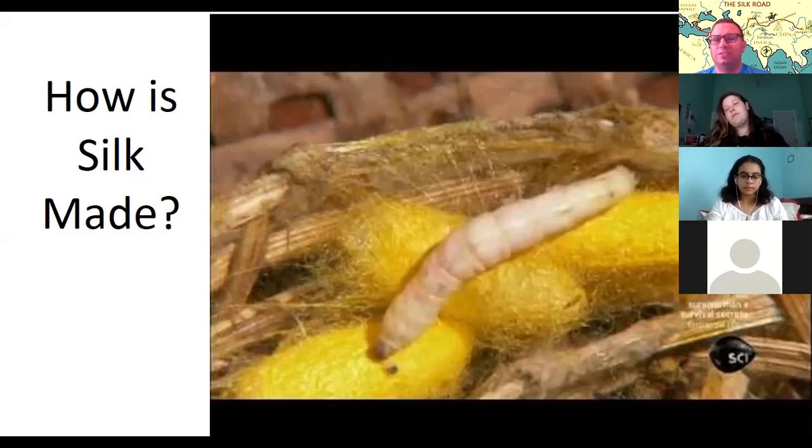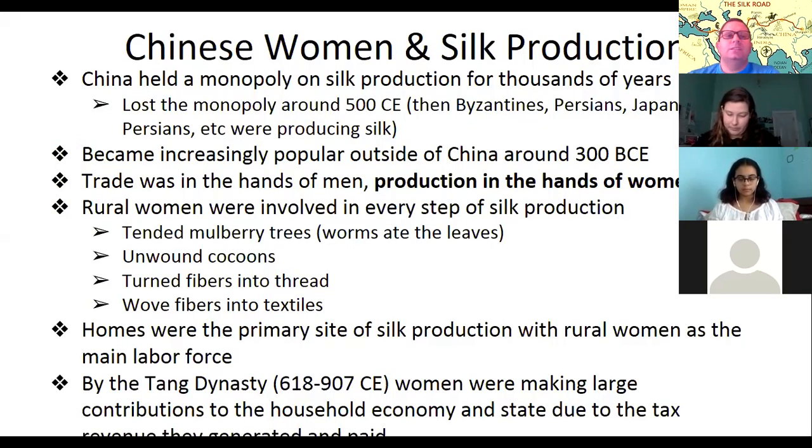It's not pure silk. That's why it's a lot less expensive. Pure silk is still incredibly expensive, okay? But most silk that is made now is a blend. It's a synthetic.